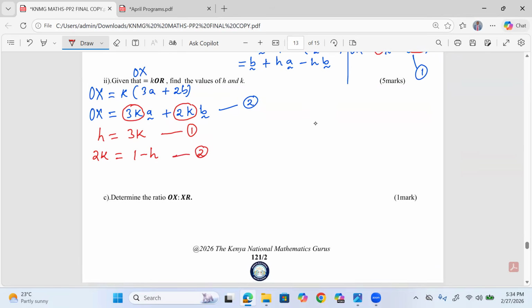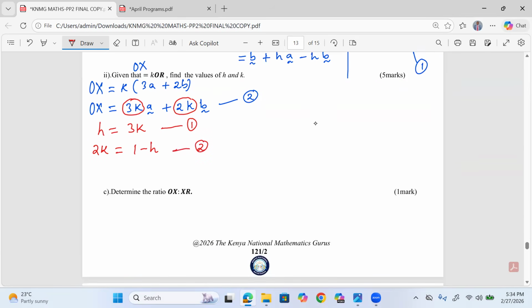Solving the two, we can now use substitution, because from equation 1, H has been expressed. Then equation 2 becomes 2K equals 1 minus, instead of H, we have 3K. So this can become 5K equals 1. So the value of K equals 1 over 5.